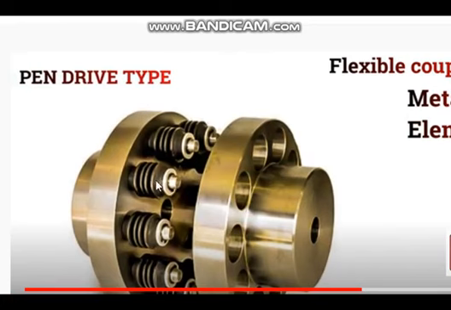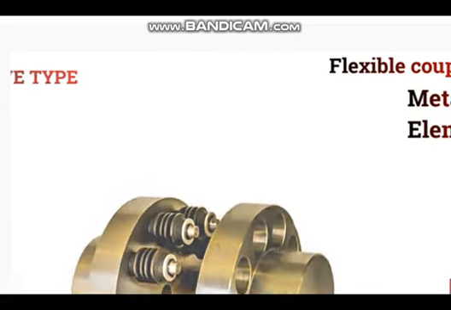These pins will be fitting inside this flange, where a wider diameter will be there. It will simply fit here. See, this is more like a bush pin type flexible coupling, which we'll be seeing in our course.